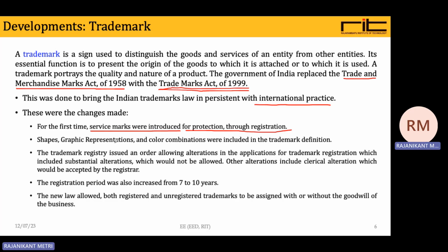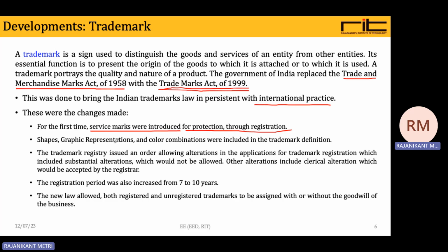The trademark registry issued an order allowing alterations in the applications for trademark registration, which included substantial alterations. Earlier substantial alterations were not allowed, but they are now allowed.